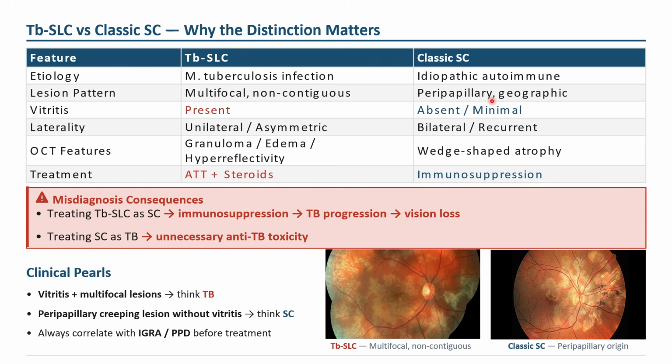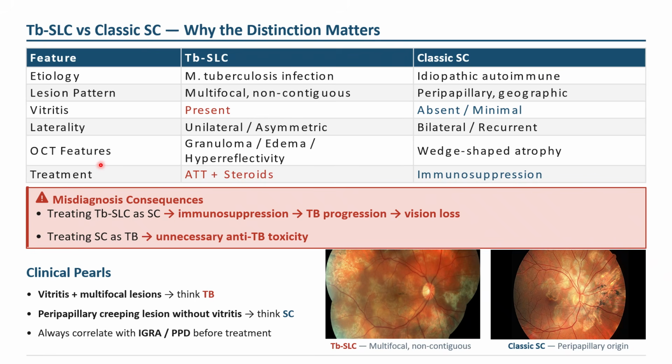However, the classical one is peripapillary and spreads in a geographical amoeboid fashion. Vitritis is present in the tuberculous variety, however, it is absent in the classical one. And laterality: tuberculosis usually affects one eye, unilateral, unless very rarely, if it is bilateral, it will be asymmetrical, especially in immunocompromised patients. However, the classical variety is usually bilateral and recurrent.